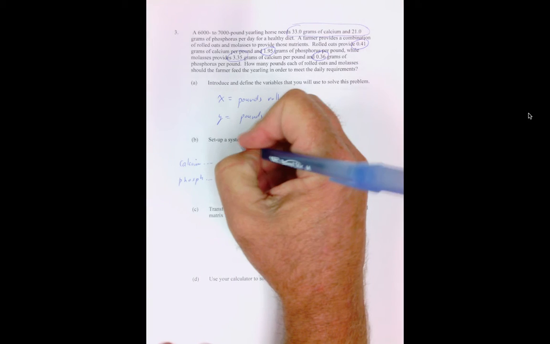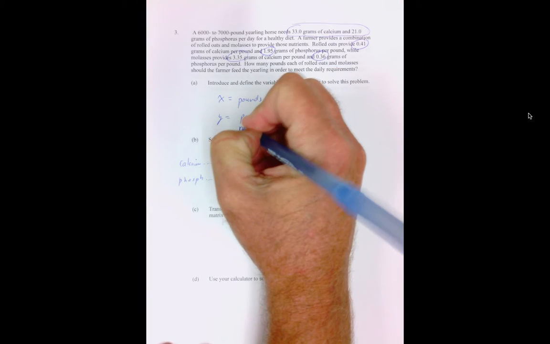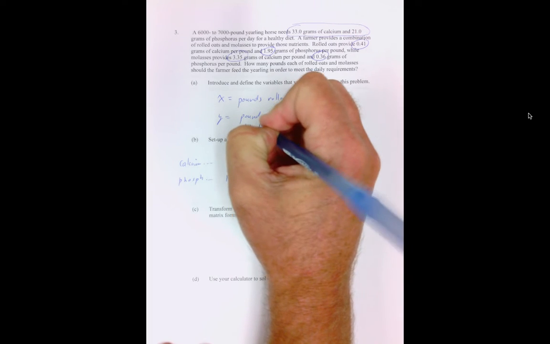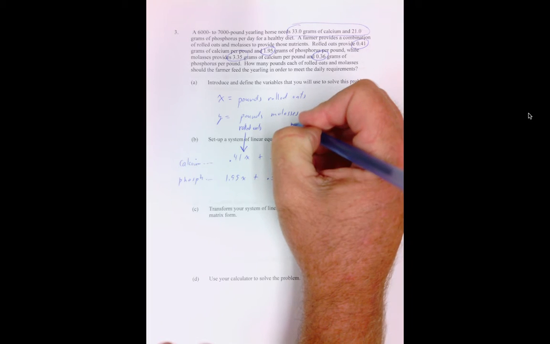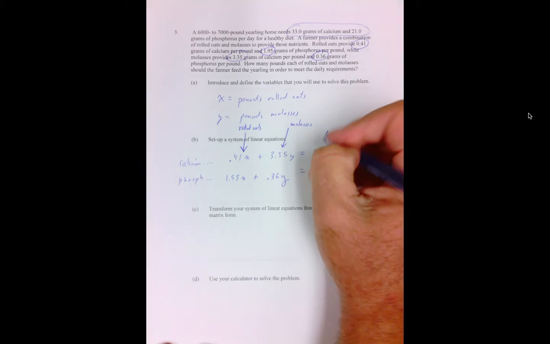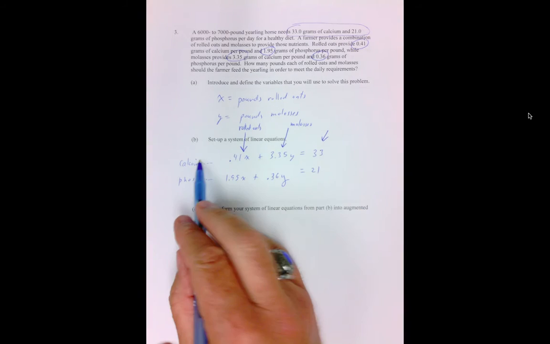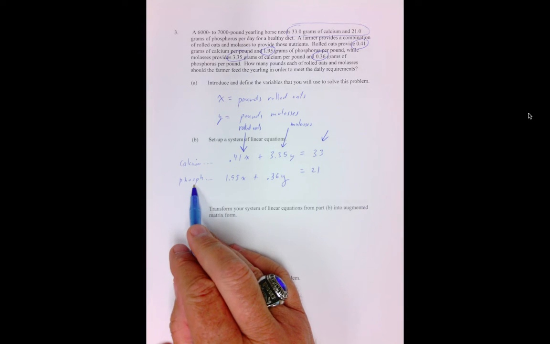So this part right here gives us a rolled oats contribution, and this gives us our molasses, and this gives us our total of calcium and total of phosphorus.